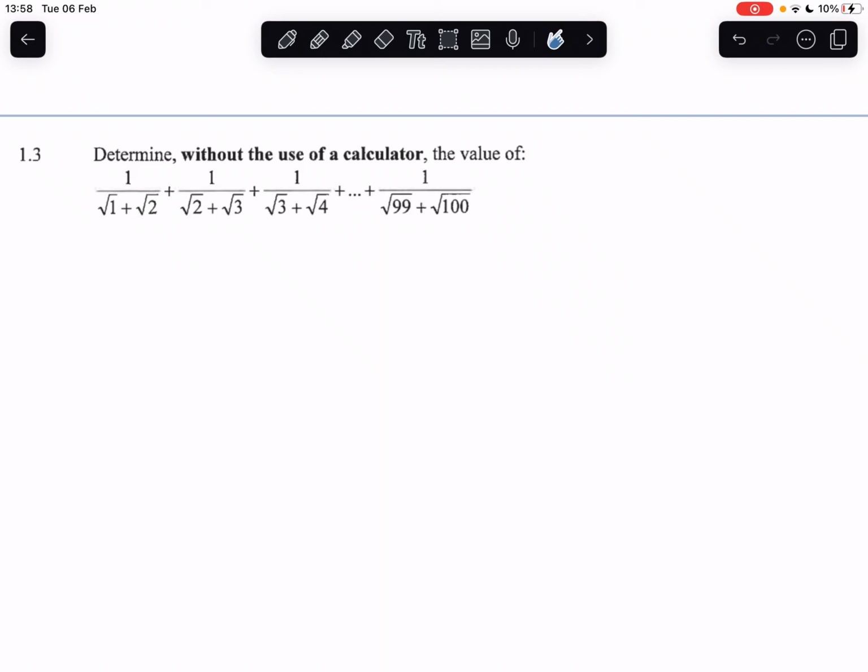So obviously there are a lot of surds going on here, and we've got surds in the denominators. What it sets off in my brain straight away is rationalizing the denominators, just out of force of habit.